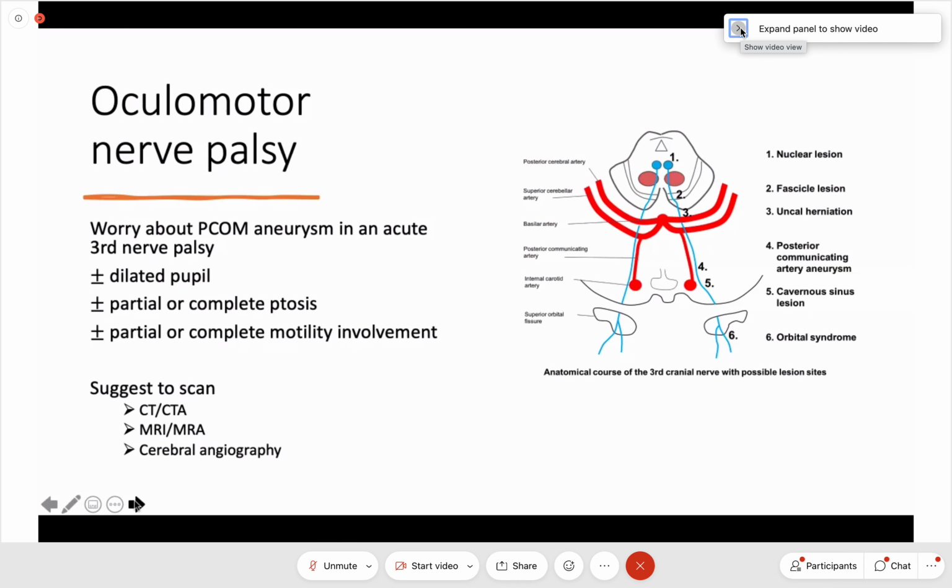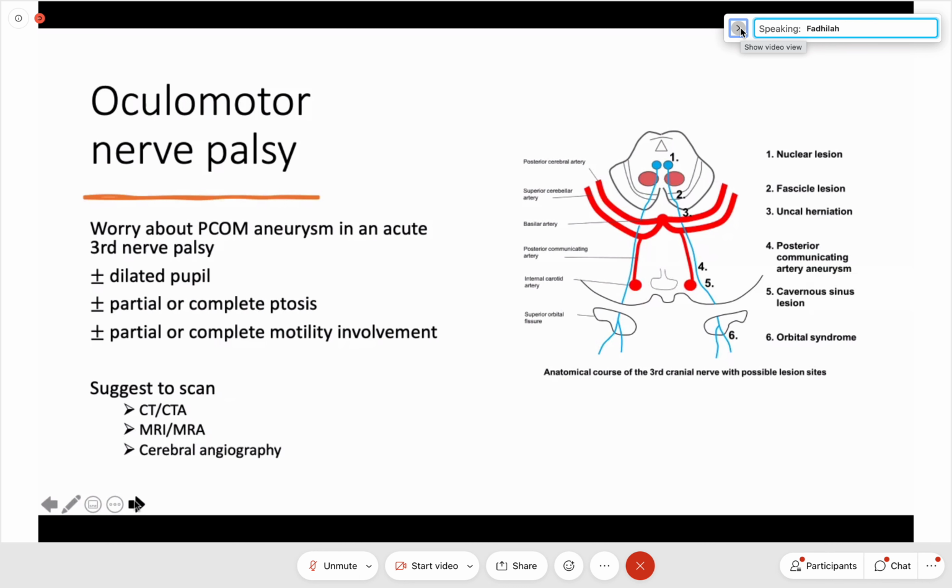Right. So I would say when you have a patient with third nerve palsy, the thing that you really have to worry about is whether or not there is an aneurysm, especially if it's an acute third nerve palsy. So, whether or not the pupil is dilated, whether or not the ptosis is partial or complete, or whether or not the motility disorder is complete, I would suggest for you to still scan the patient.